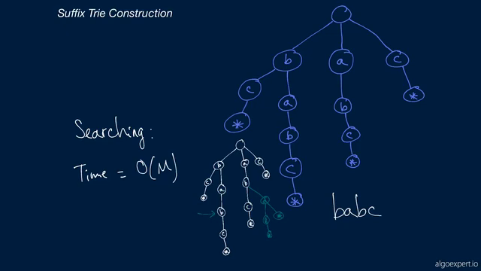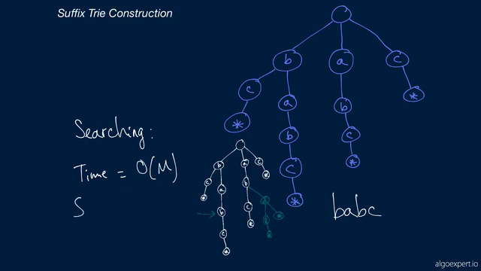And if we're looking for a string that breaks at a certain spot because there is no such character, like let's say we were looking for BAXB, it would take even less than O of m time because we'd start at B, then go to A, and then we wouldn't find X, and so we'd be done. But overall, the time complexity is going to be O of m, where m is the length of the string that we're searching for.